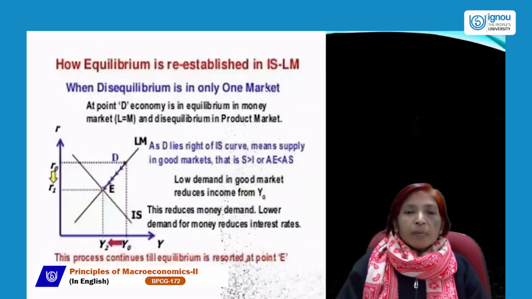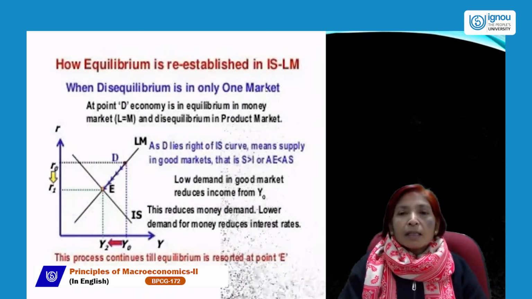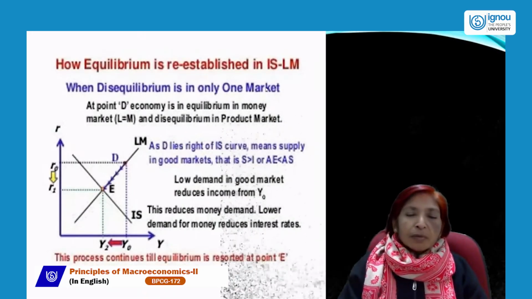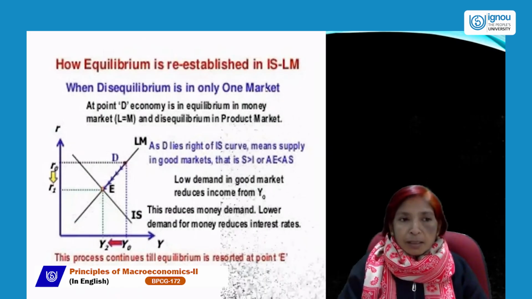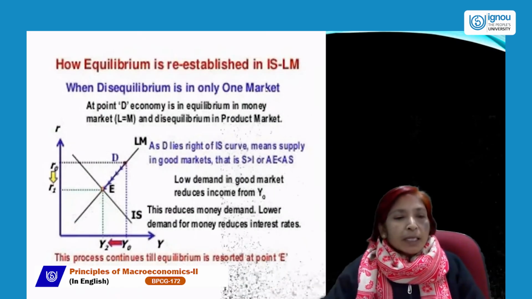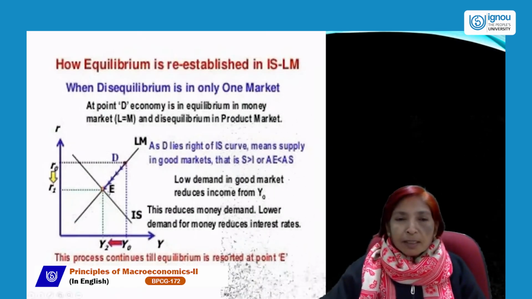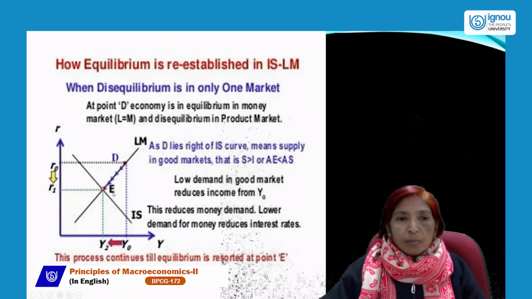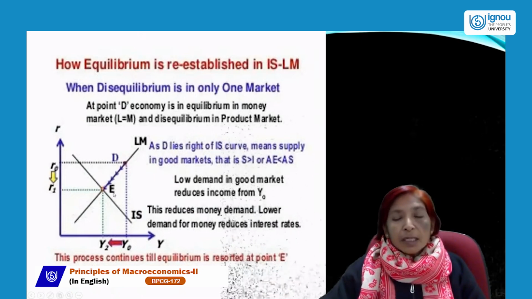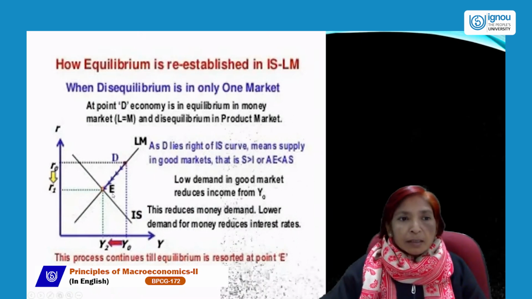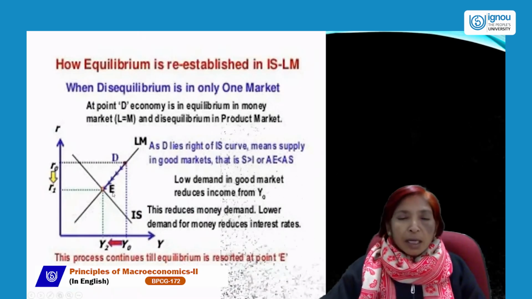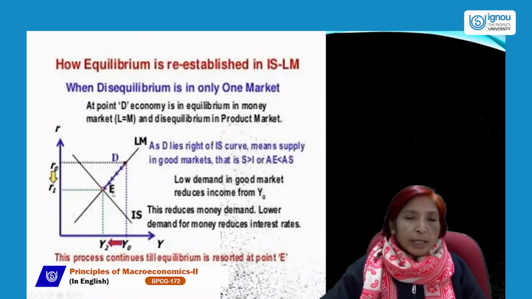Next is how equilibrium is re-established in IS-LM. Suppose disequilibrium is in only one market, at point D. You know that E is the equilibrium point where the IS and LM curves intersect. But if there is disequilibrium in one market, how can we reach the equilibrium point again?